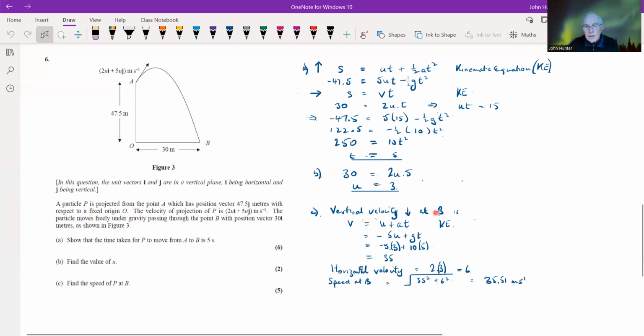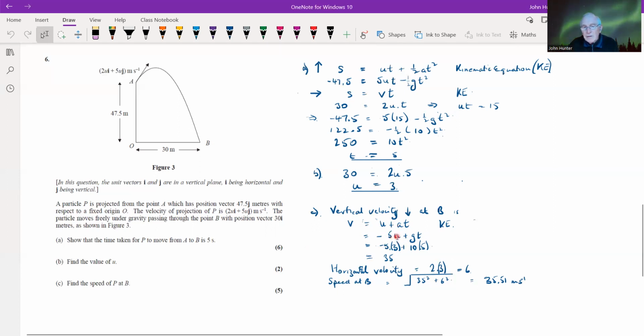So the vertical velocity at B is given by v equals u plus at. This is similar to before. Minus 5u. Our u from our equation is actually implemented as 5u here. Except, of course, our frame of reference is in the opposite direction.